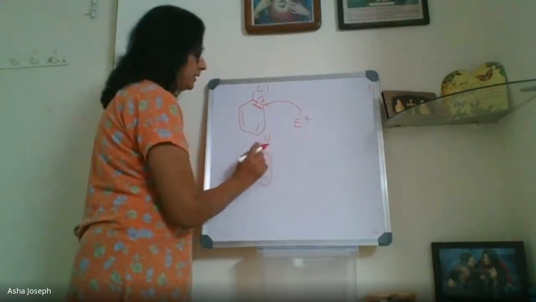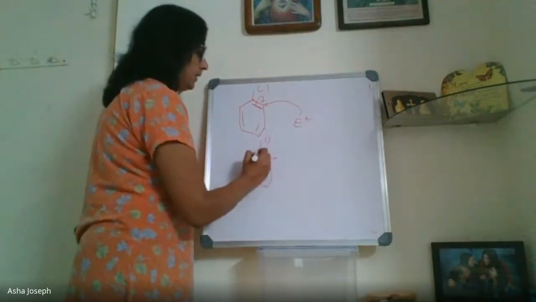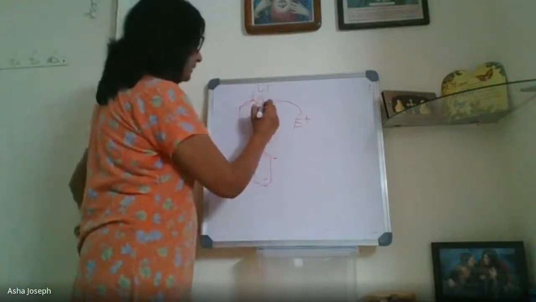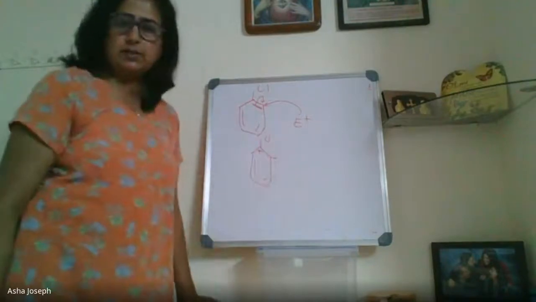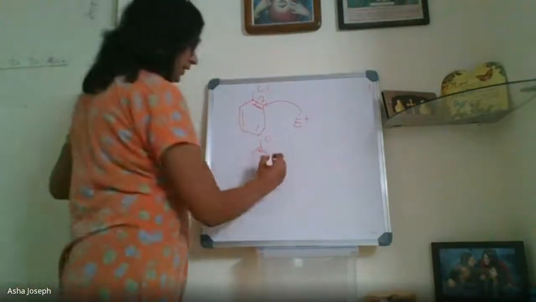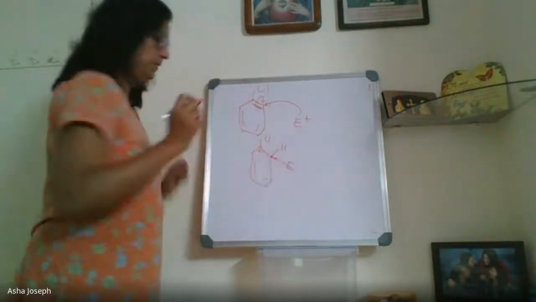This bond is shifting, and then the negative charge will come here and the positive here. You agree? Because this bond is shifted, electrons are given to this carbon and this carbon lost electrons. So this is the carbocation formed. This carbon has one hydrogen, and E will come here.